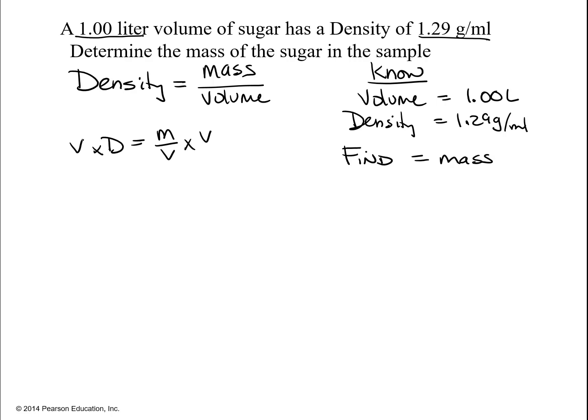What is that going to do to the right side? They're going to cancel. So now I know volume times density is going to equal mass. So I rearranged the formula.